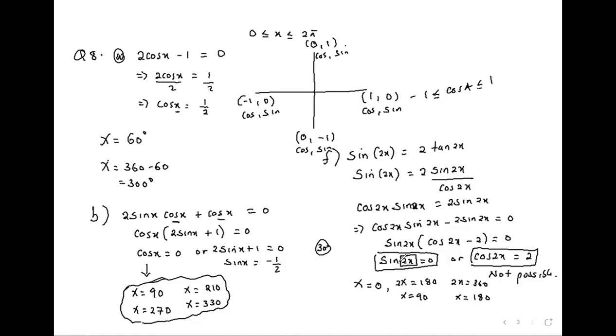Now I know that when x is 0, 2 times 0 is 0, and sin 0 is 0. That's why I put 0 here. Another thing we know is that sin 180 is 0, so the whole 2x, which is an angle, should be equal to 180. If the whole 2x is 180, then x is equal to 90. Again, sin 360 is 0, so 2x could be equal to 360, but if 2x is 360, then x is 180.